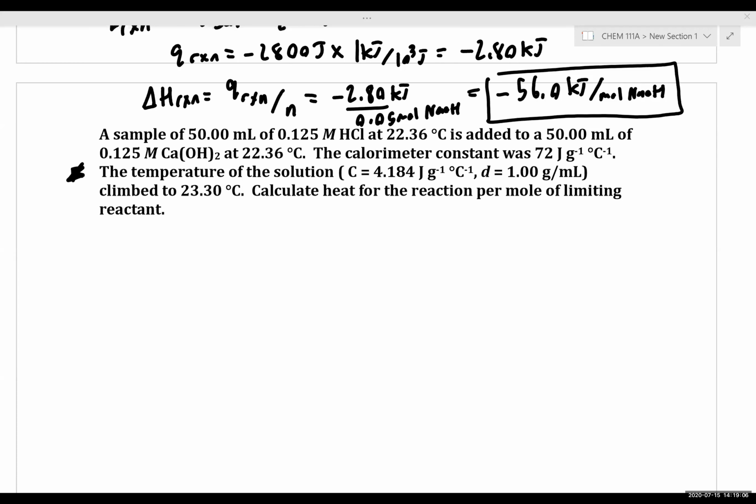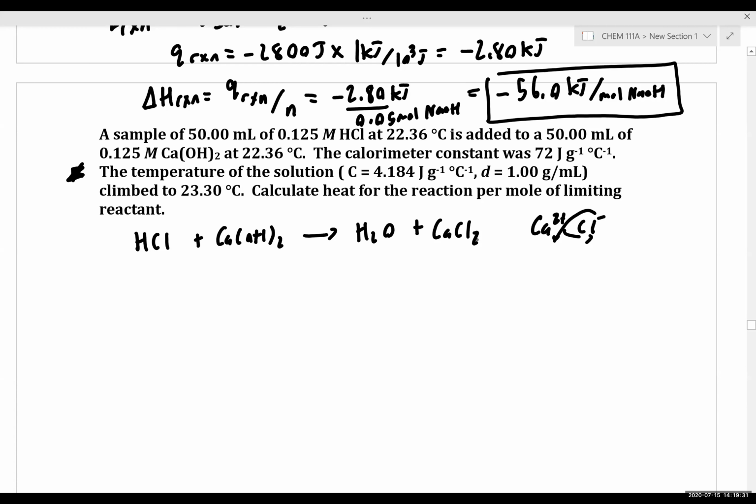Okay, so let's take a look at the following problem. First and foremost, we have hydrochloric acid reacting with calcium hydroxide. And in terms of our acid-base reaction, our products are going to be water and then a salt. So we take calcium 2+, cross it with chloride. That gives us our product, calcium chloride.